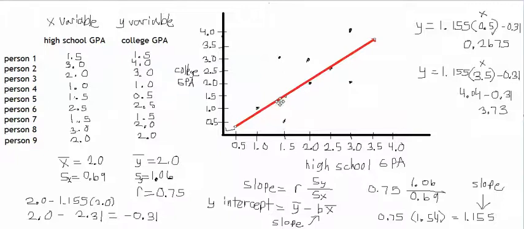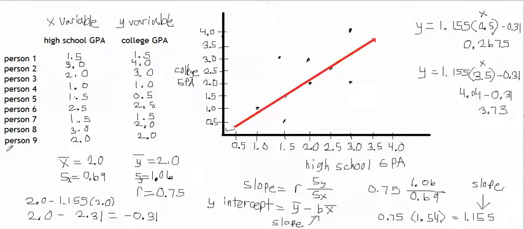The usefulness of this line is to actually make predictions for other people who are outside of your sample. So by collecting this data and doing these calculations, you've actually created an equation that can be used to make predictions for other people outside of these 9 people.